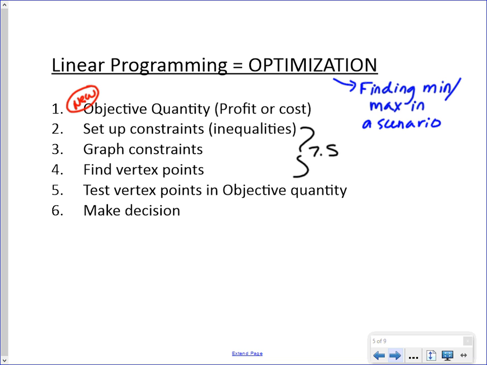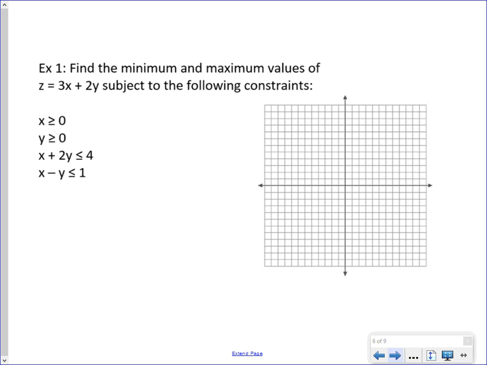What I'm going to show you on the front side is just a run through the steps. Okay? So the first example has 4 inequalities. Those are your constraints. Do you see them in the directions? Read through that real quick. Find the min and max values of z equals 3x plus 2y. Make a note to yourself: this is your objective quantity.